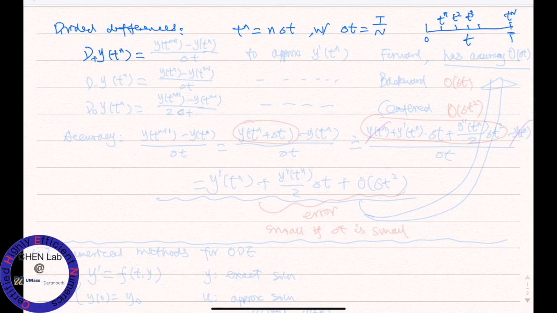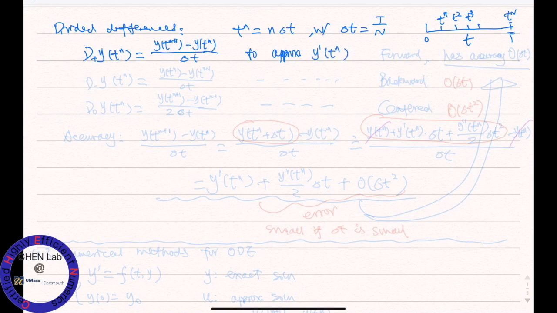The D plus at Tn is y at Tn plus 1 minus y at Tn divided by delta t, right? This is to approximate y prime at Tn.